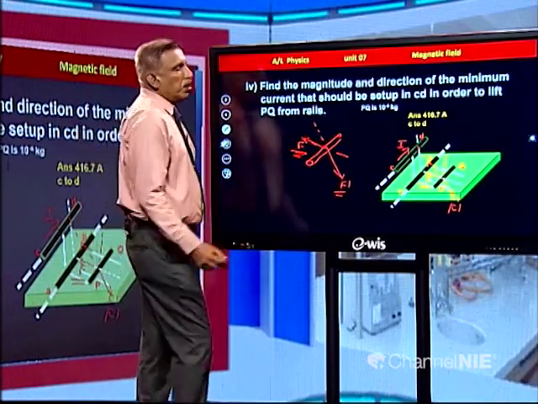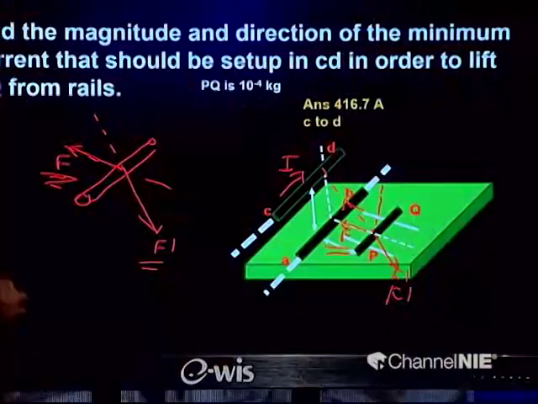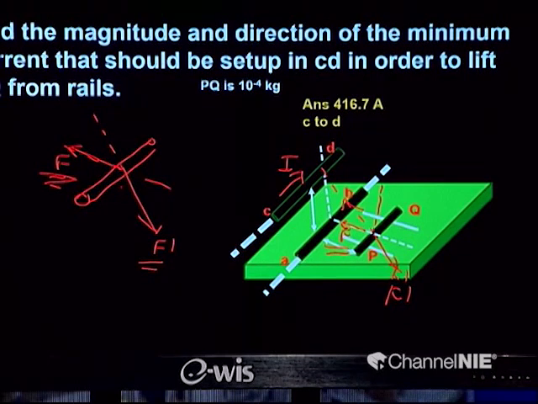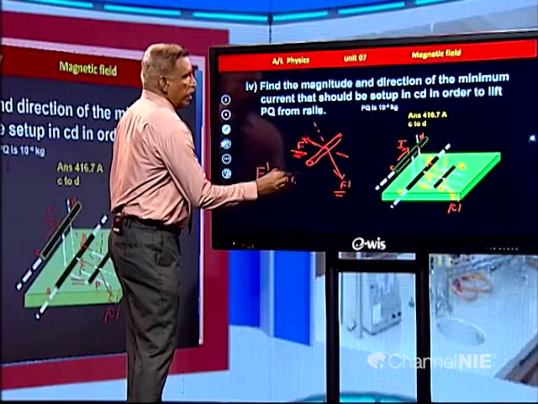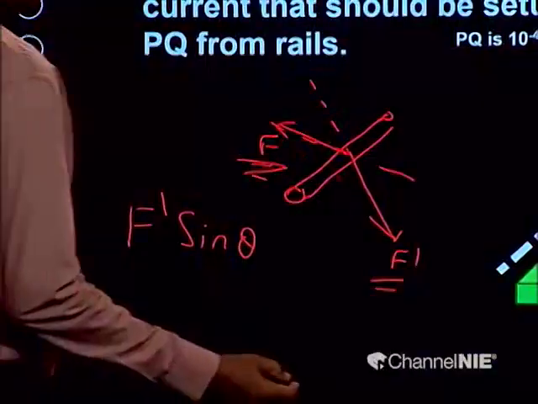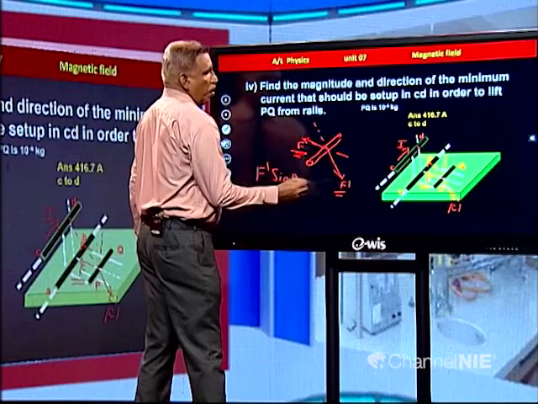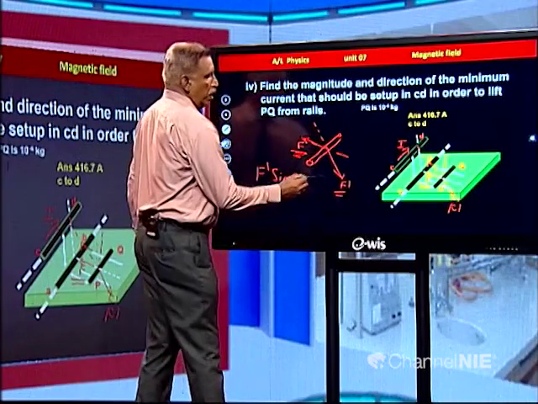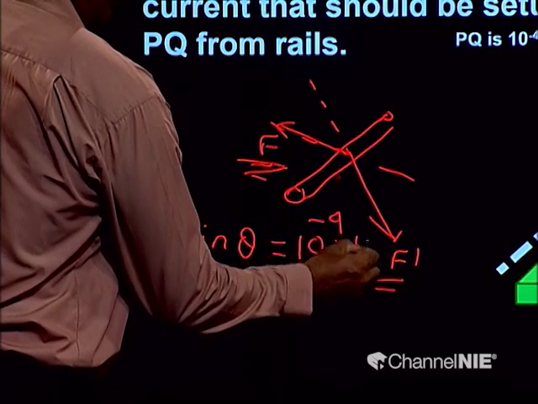So if this force will lift the PQ, then the vertical component, that is F dash sin theta, is equal to the weight of the PQ, 10 to the power minus 4 into g, mg.